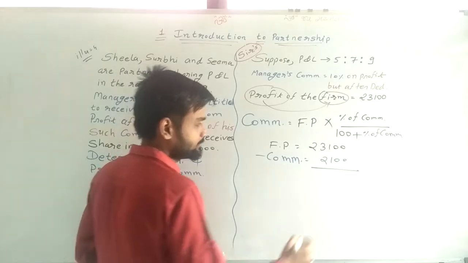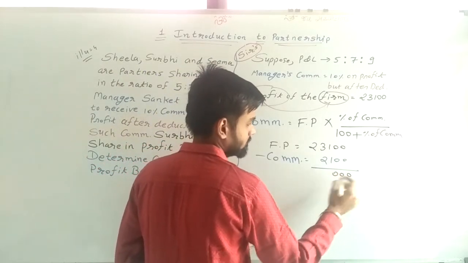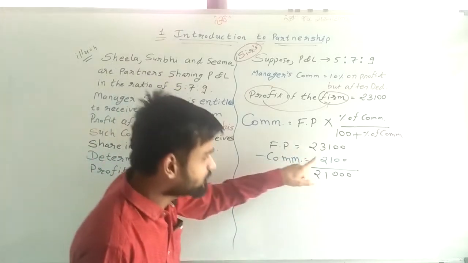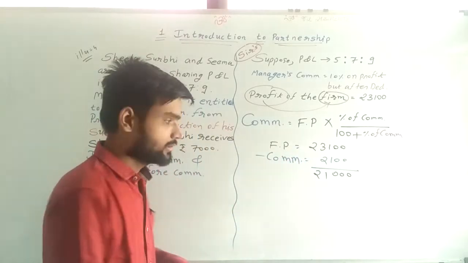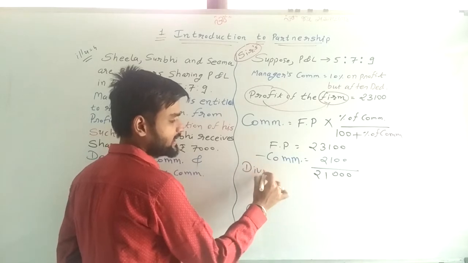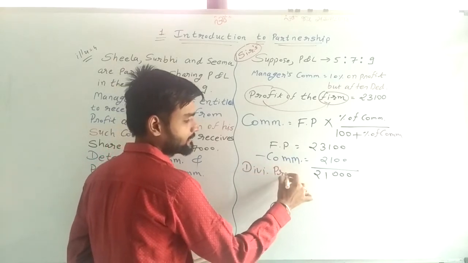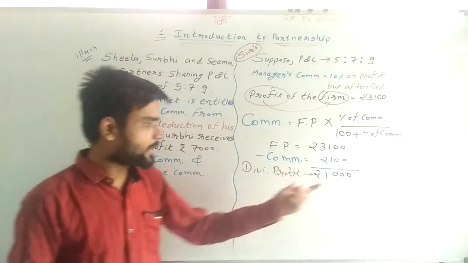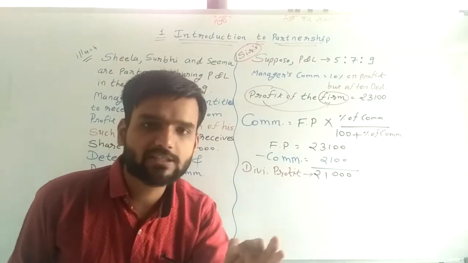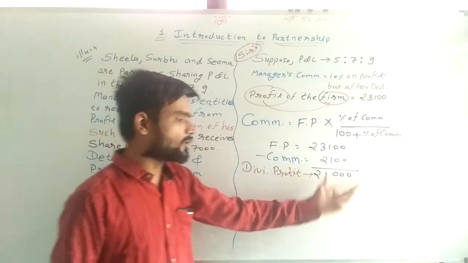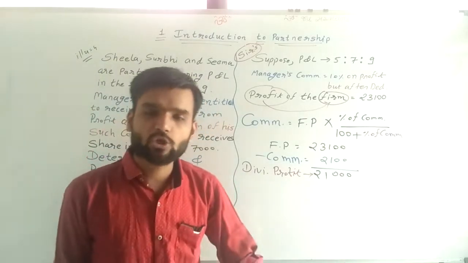Remaining profit is 21,000. After deduction of commission, this profit is called divisible profit. This 21,000 is divisible profit.